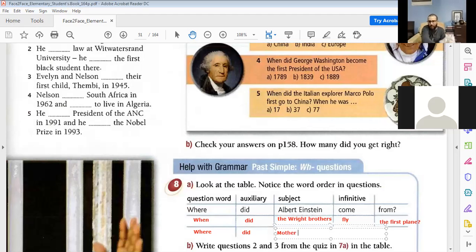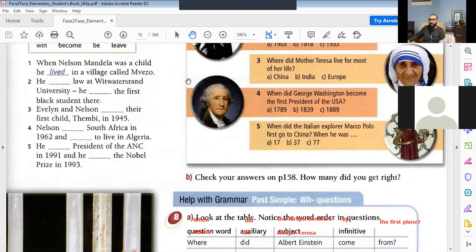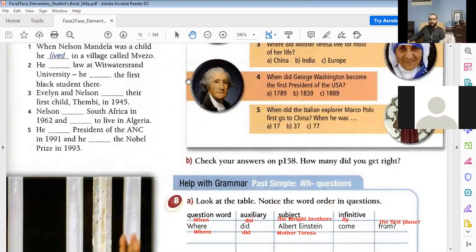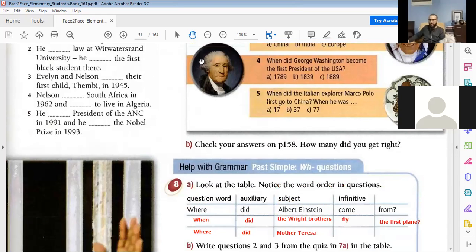And what about the infinitive? Which infinitive verb did we use here, Cecily? Live. Live, correct. And after that, the question was most of her life.